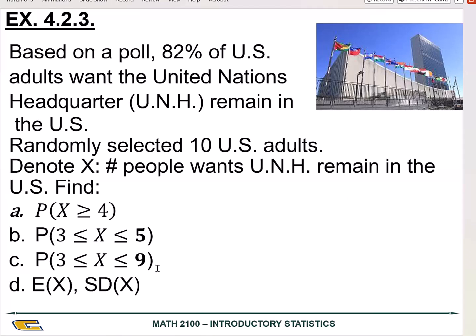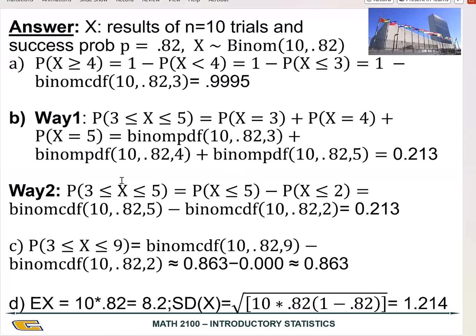So here, the probability that the number of people who remain in the US is between 3 and 9, okay? Now we replace the number 5 by the number 9. For sure, if you want to process in way number 1, then you need to do probability of X equals 3, 4, 5, 6, 7, 8, 9, right? So it's very time consuming, okay?